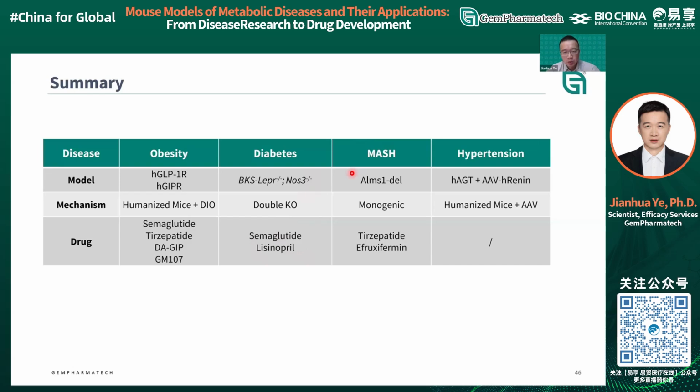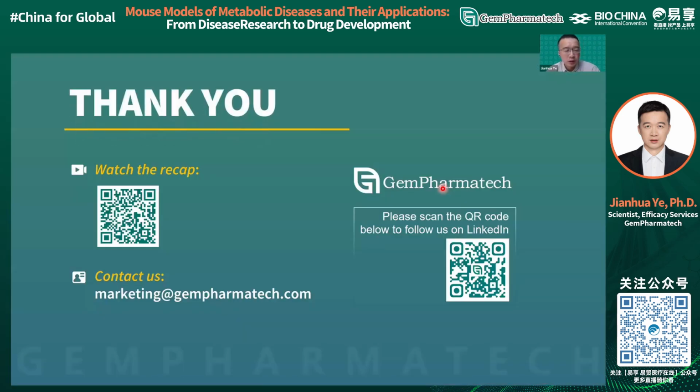For MASH, I talked about the RMS1 knockout model, which is a monogenic model, and 2 drugs, tirzepatide and efruxifermin, show good results on this MASH model. Finally, in the last part, I gave an introduction to our hypertension model, the humanized AGT mice with AAV human renin transduction. It shows the typical phenotype of hypertension. Thank you. This is the end of my talk.